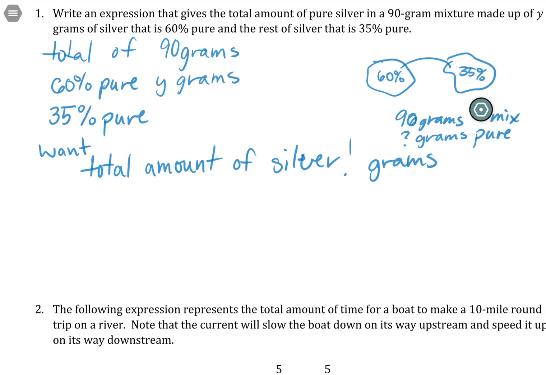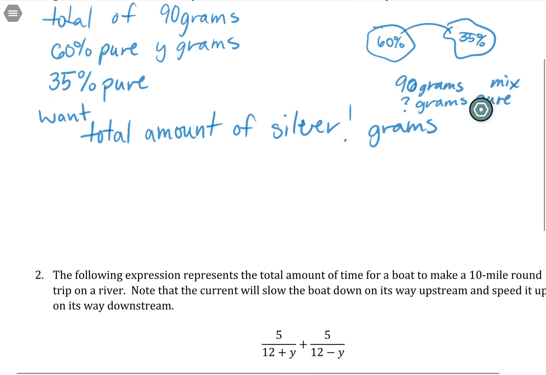So my first thought is, if I want to know the total amount of silver in the mixture, I would get that by figuring out how much pure silver we get from each type of silver that we're mixing in. I want to say alloy, but I don't actually know if that's the right word, so I'm trying to resist the temptation.